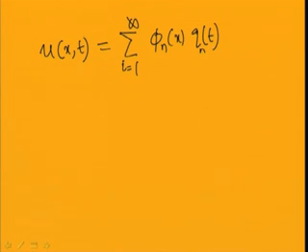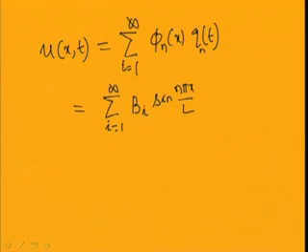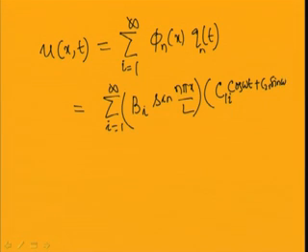So, this equation can also be written like this. Already you have seen for a string, this is equal to summation i equal to 1 to infinity, b_i sin(n pi x by L) for phi(x), and for q_n(t) I can write C1_i cos(omega t) plus C2_i sin(omega t).